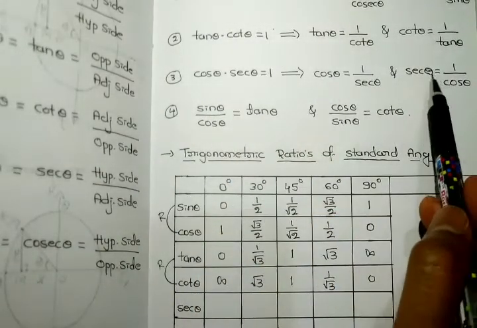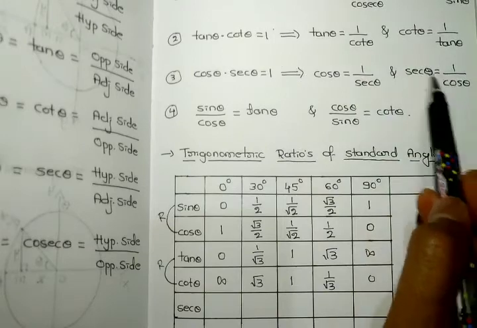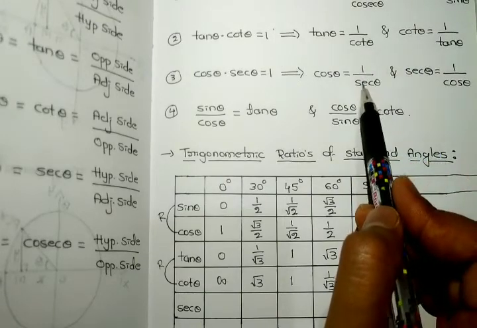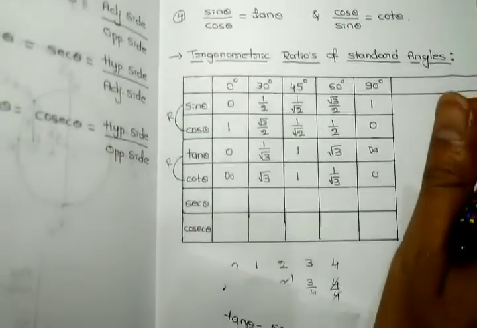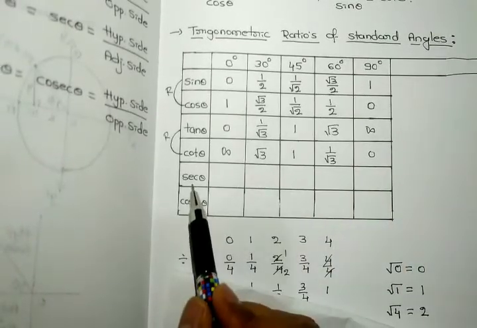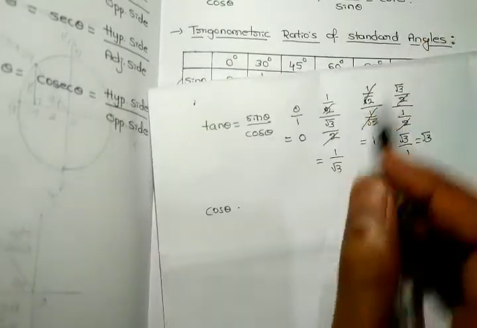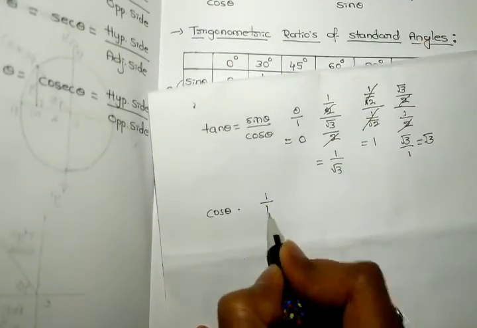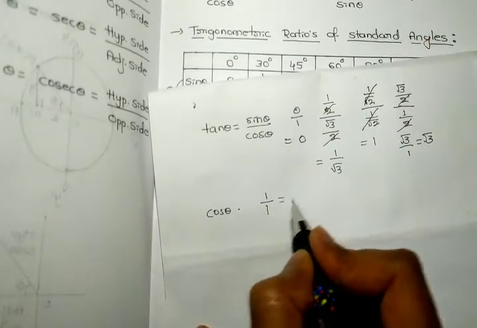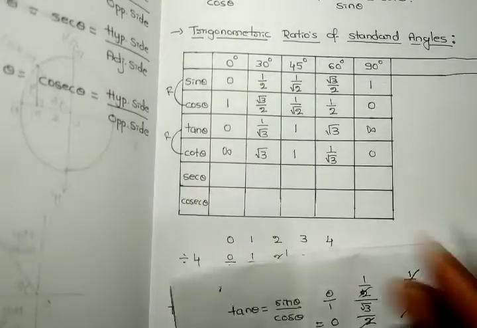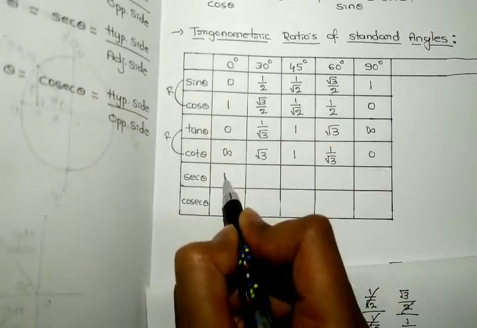The reverse of cos is nothing but sec, or the reverse of sec is nothing but cos. So here we need sec theta, so we take the reverse of cos. 1 is there, the reverse of 1 is 1, correct?